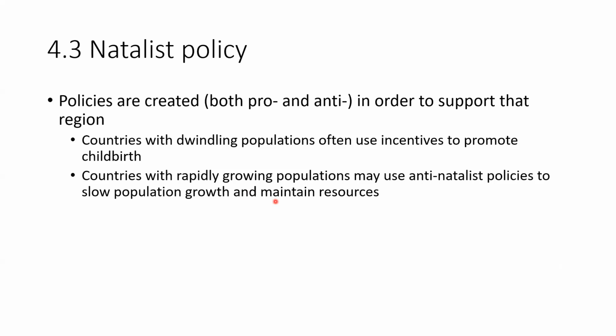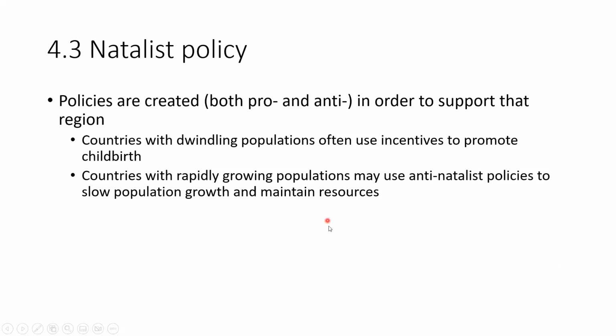So depending on where you are, depending on the resources available, the current population, the workforce, whatever it may be, that country is going to incentivize having kids or not having kids. That can include things like offering tax breaks for childbirth if they want to incentivize having kids, or it could be things like the one-child policy, like I mentioned, if they want to go the opposite direction.